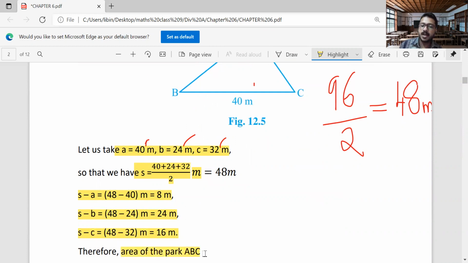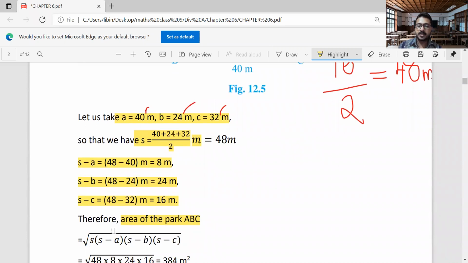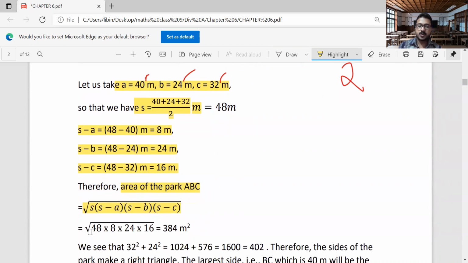Therefore the area of park ABC will be the square root of s into s minus a into s minus b into s minus c, that is the square root of 48 into 8 into 24 into 16. You can prime factorize it, and you can find the area as 384 meter square.